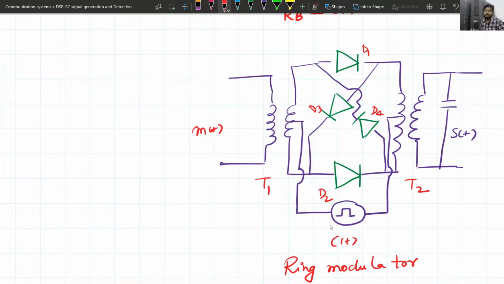In order to implement the balance modulation technique, it contains two isolation transformers, one is T1 and the other is T2.